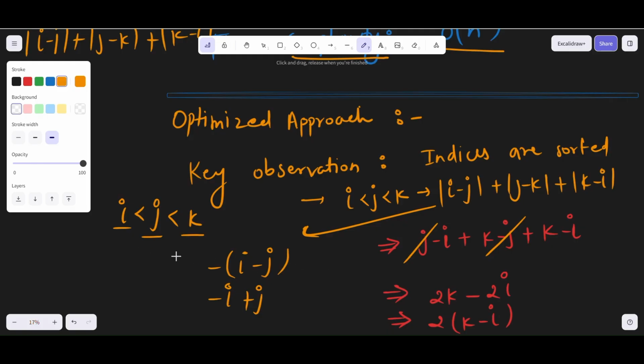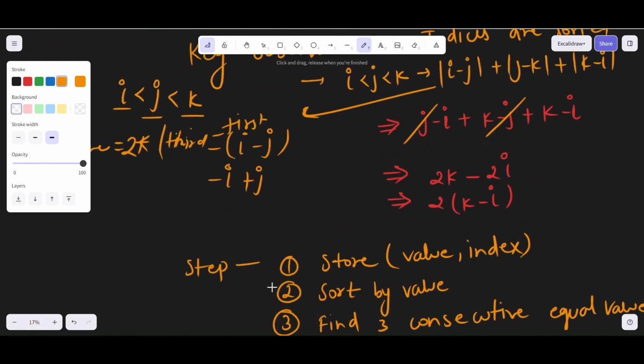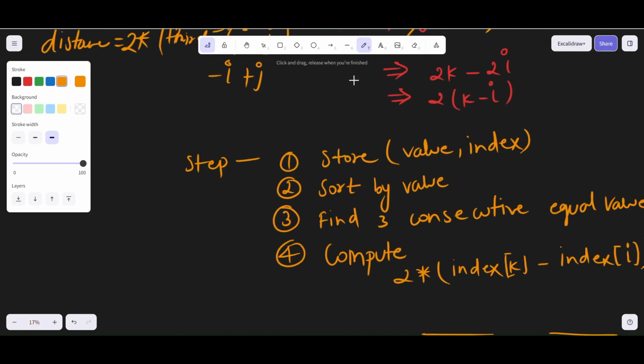That means the distance is simply 2 times the third minus the first. So now the problem reduces to finding the third index and the first index, taking this difference and multiplying it by 2.